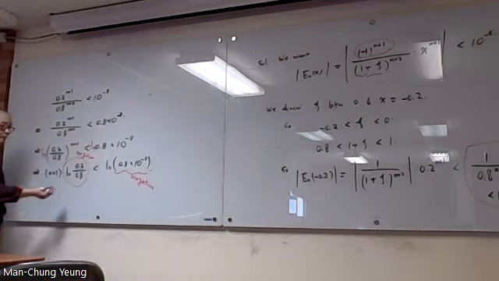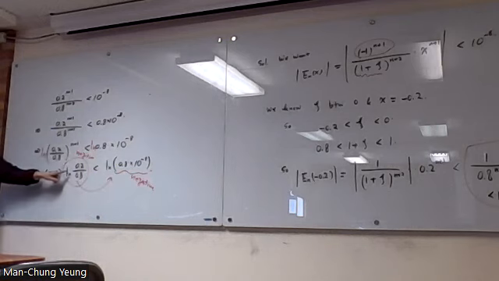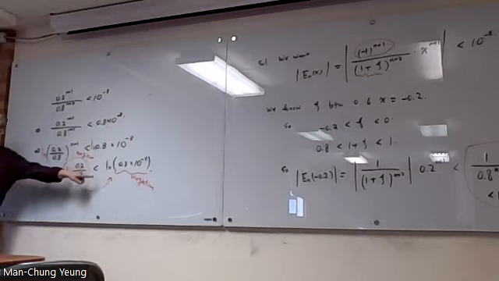Now I move this number to the right side. When we move a negative number to the right side, we change the direction of the inequality.